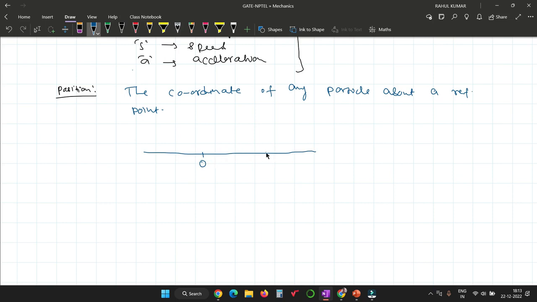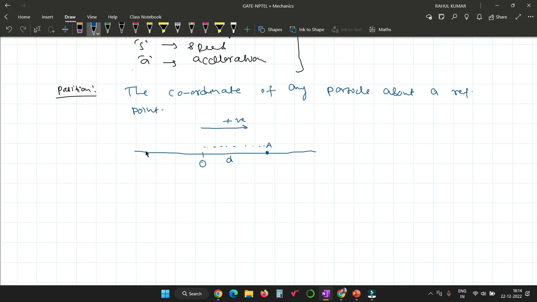Suppose a particle is situated at point A, and the distance between O and A is D. The coordinate of A is called the position of point A. If O is the reference point, then in this direction you have to assume it is positive.